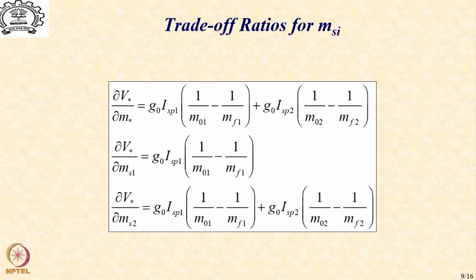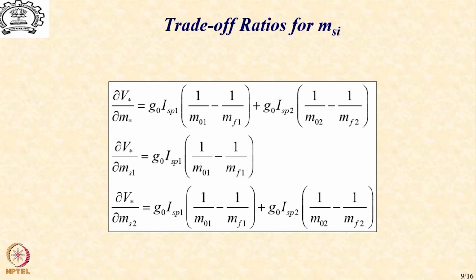So the partial derivative terms will contain only the term corresponding to ms1, which appears in m01 and mf1, because in m02 and mf2, ms1 does not exist, because we have removed that mass. This is the implication of a piecewise continuous function being differentiated. I hope you have understood the philosophy, but maybe you can work with this a little more just to understand the step.